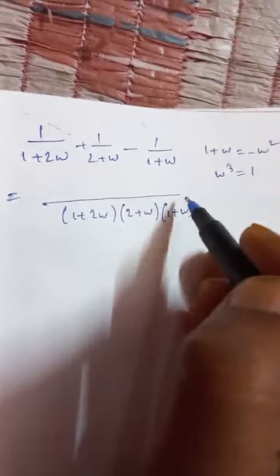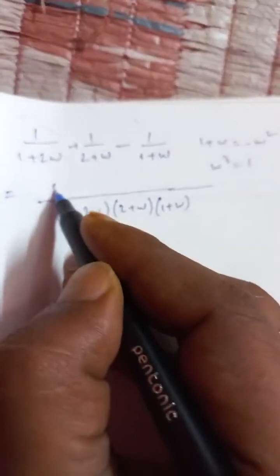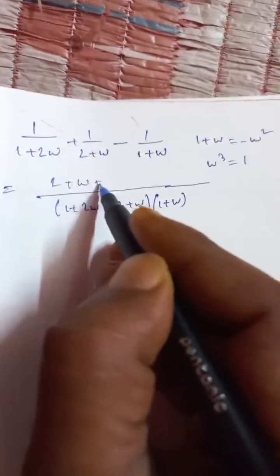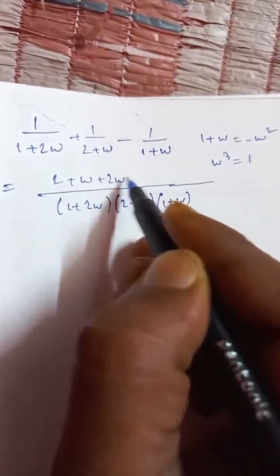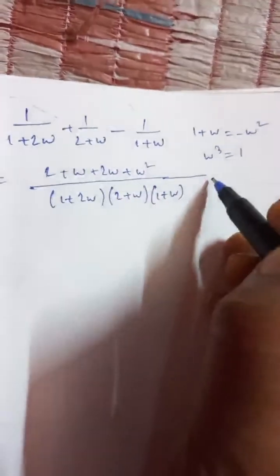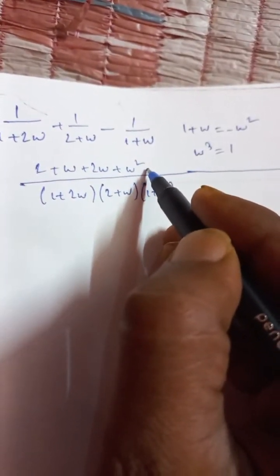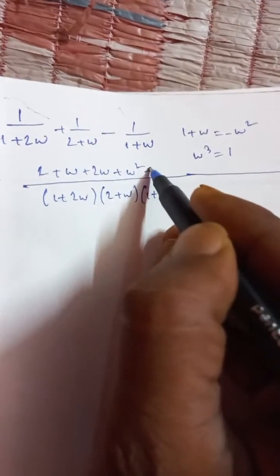So here it will be 2 plus omega plus 2 omega plus omega square, which will be somewhat broad.